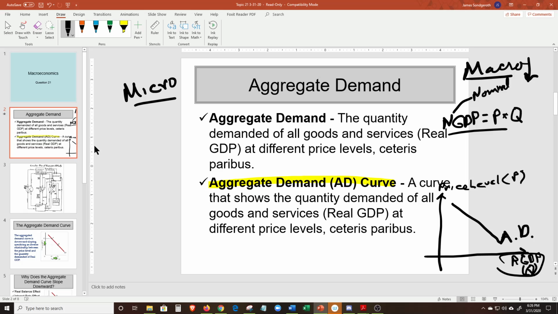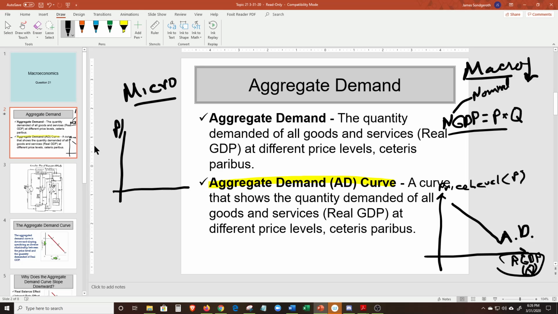It's just one good. So real GDP is an aggregate of all goods and services, haircuts and tractors, if you will. But over here, we can talk only about haircuts in the market or tractors or apples. That's micro, one little product at a time.